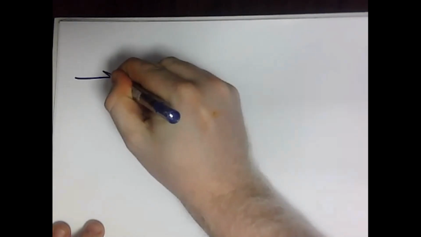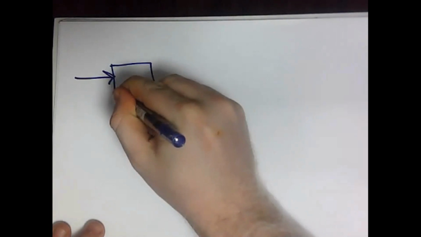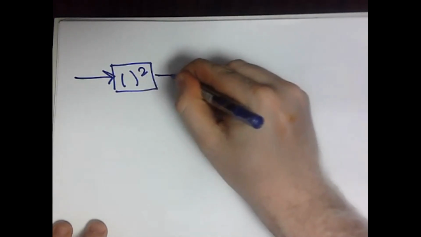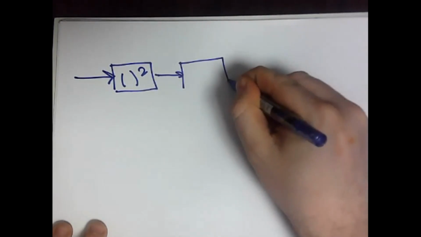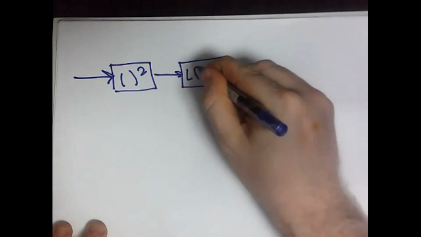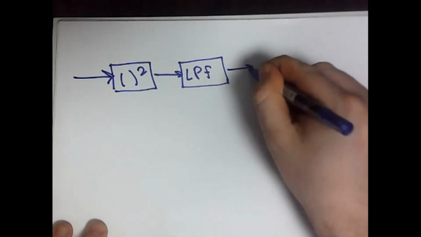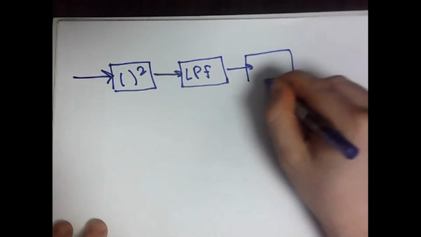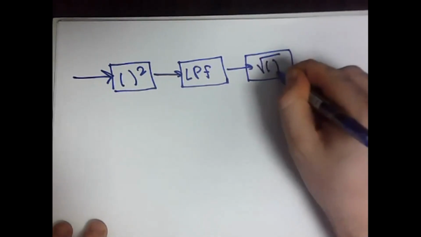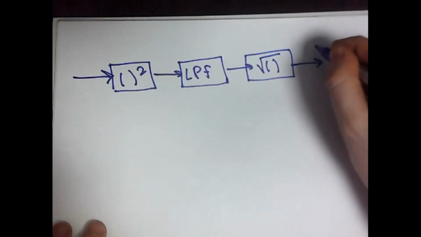So first, let me replot this block diagram. Again, we have something to make a square, a low pass filter, and finally something to take the square root, where here you have the output.